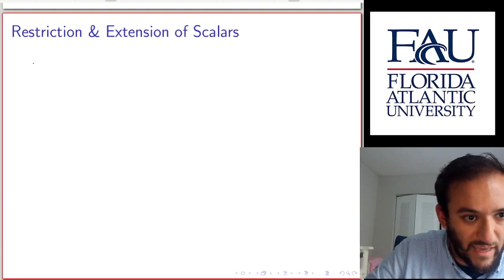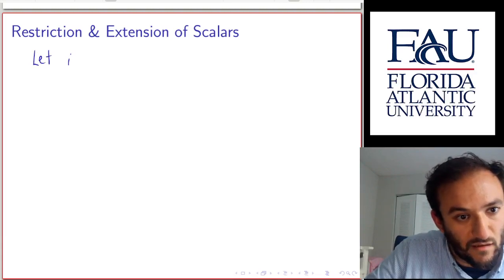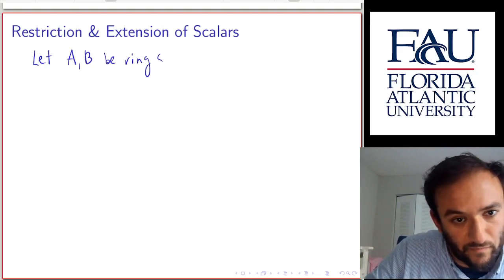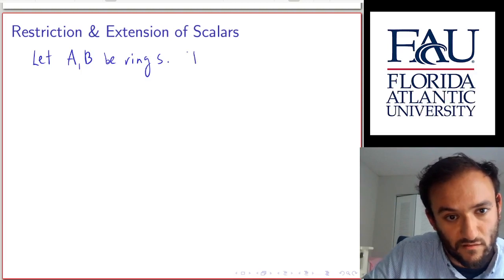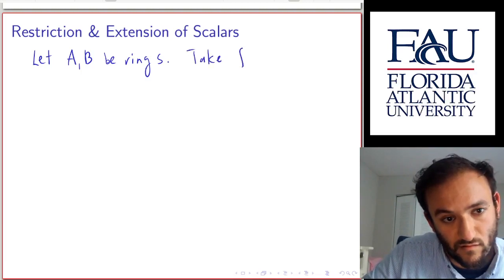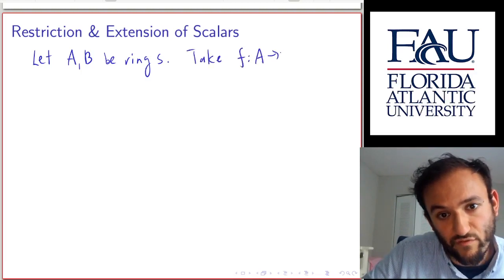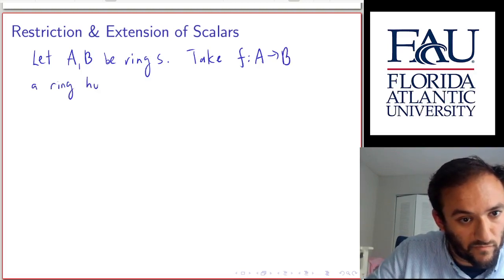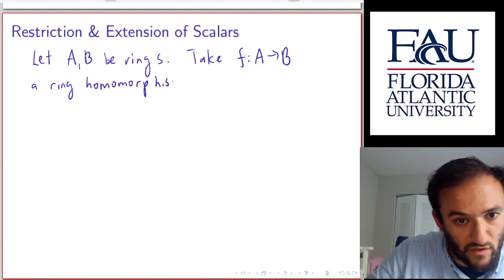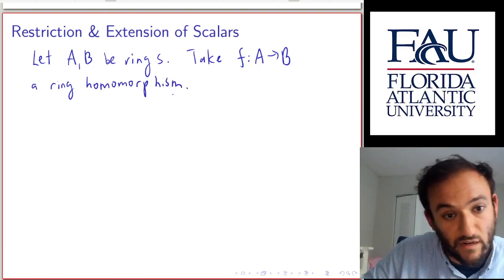Suppose we have rings A and B, and we have a homomorphism F from A to B. Okay, so there are two scenarios we could have with the module.